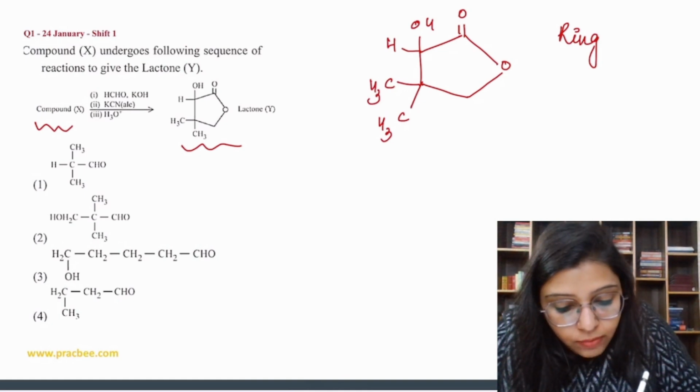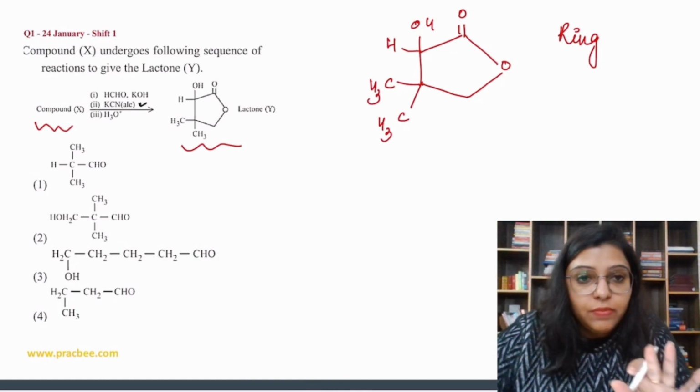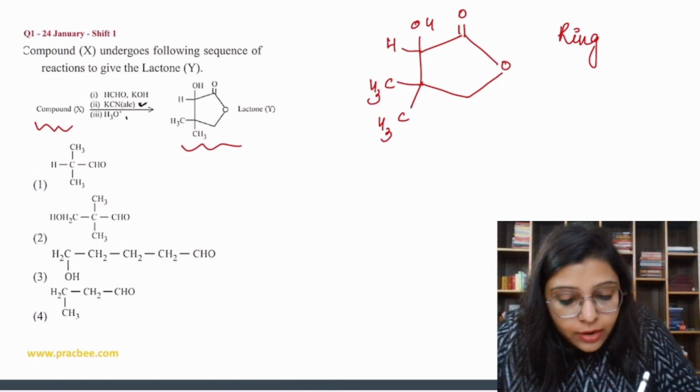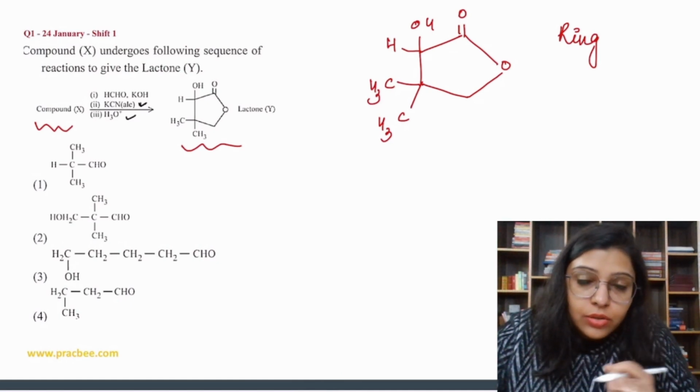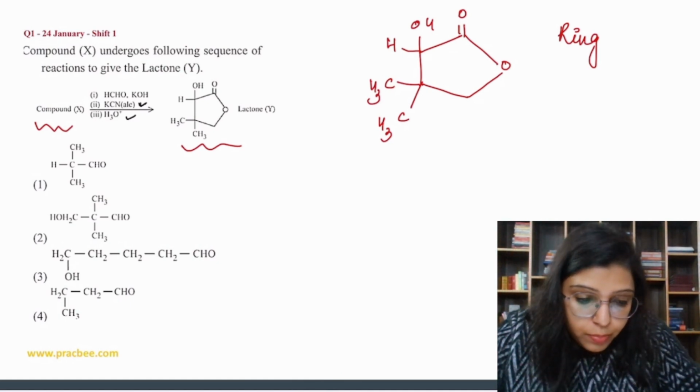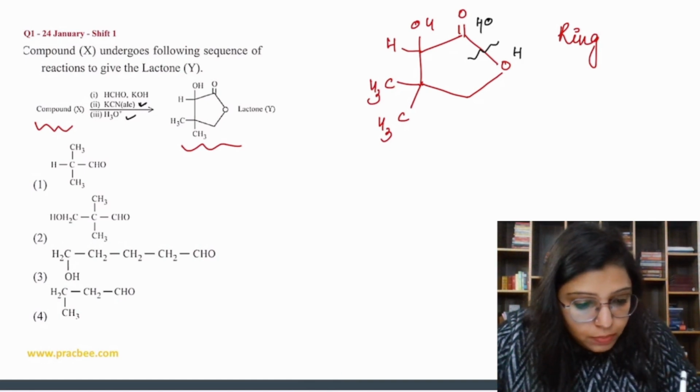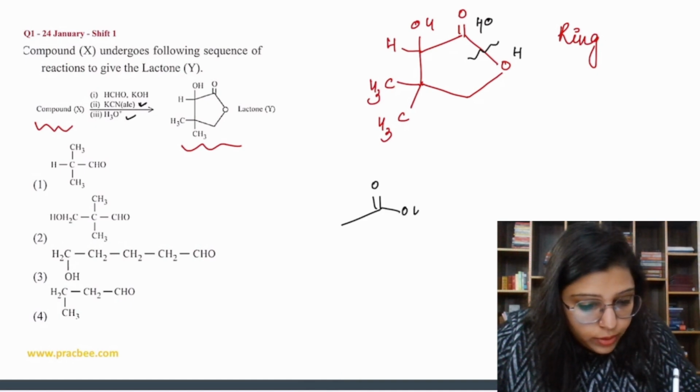Okay, and we know that we have KCN, so it means before that we should be having CN. CN on hydrolysis gives carboxylic acid. So, if I break this bond, so here we put OH and here we put H. So, it means we get double bond this and here OH, then CH3 and this OH.